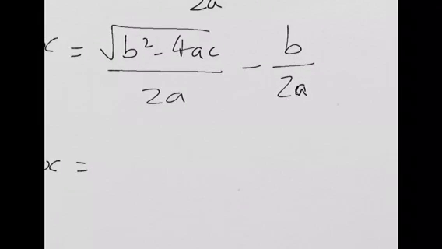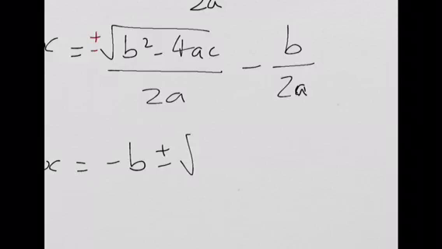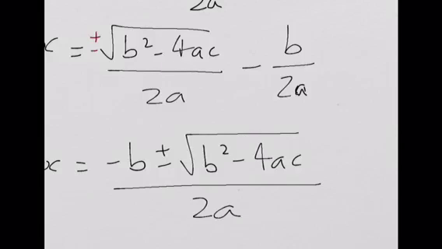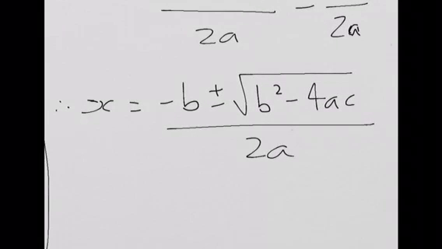And so you've got negative b here. Well, we'll put that at the front like the quadratic formula. Now, I forgot to put it in the whole time, but when you square root, you've got plus or minus. So, negative b plus or minus the square root of b squared minus 4ac, and it's all over the denominator, 2a. So that's it. Completing the square to prove the quadratic formula.